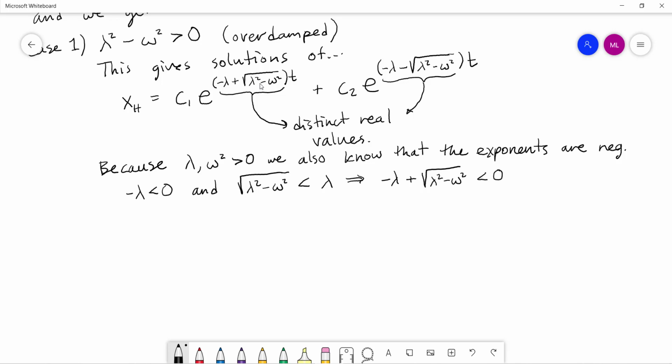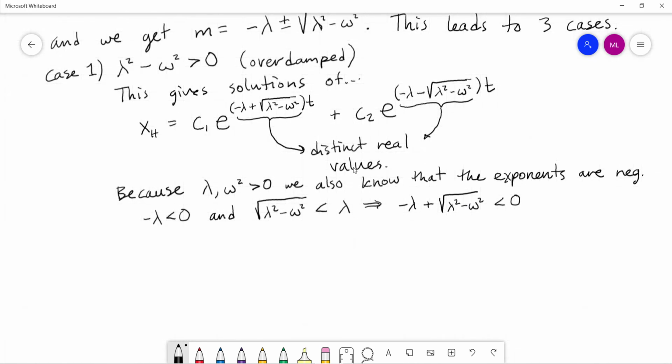It'll still stay negative because the piece that I'm adding back to the negative number is less than the negative number itself. Okay, so that's case 1. Notice our results are exponentials, and both exponents are going to be negative real numbers. That is our overdamped case. No oscillations. These are pure exponentials for our solutions.